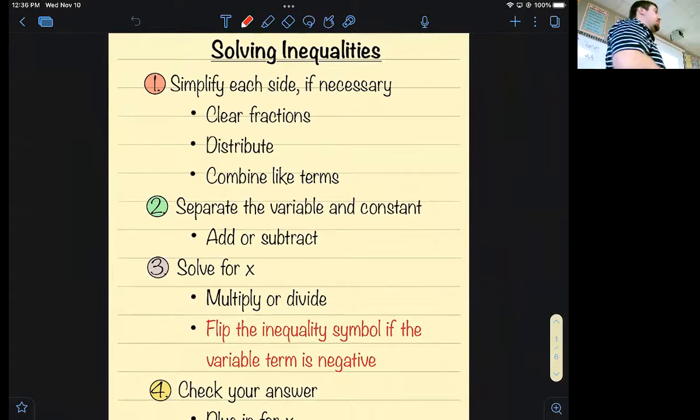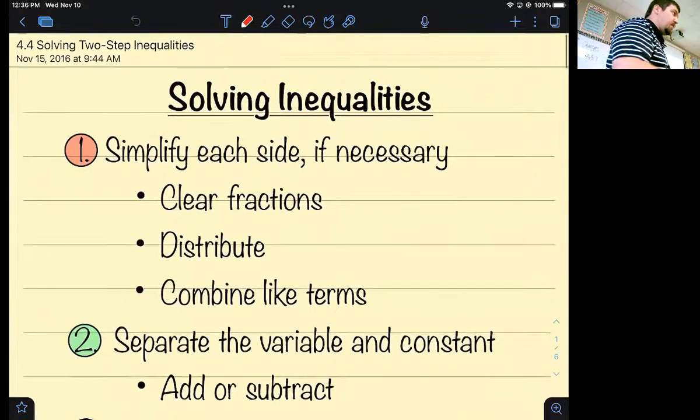So make sure when you're doing the multiply and divide step, you double check to make sure you have to flip or not flip. Now, that being said, some two-step inequalities, like we had the two-step equations, are actually three steps. Or sometimes we have big fat fractions. If we have big fat fractions, we have to take care of that first.